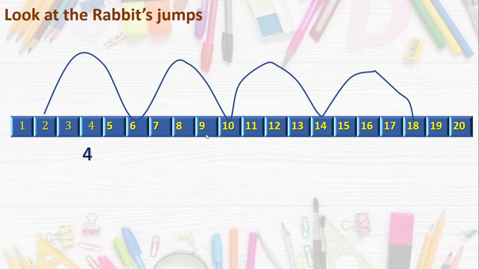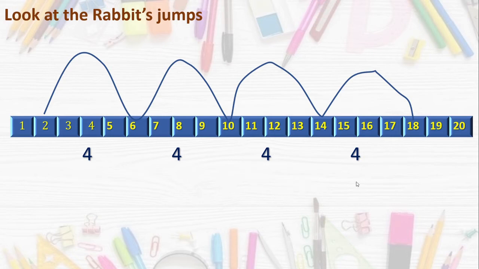Again we can see a step of 4. Right? From 10 to 14. Again we can see a step of 4. The difference is 4, isn't it? From 14 to 18. What is the difference here? Again counting in steps of 4.